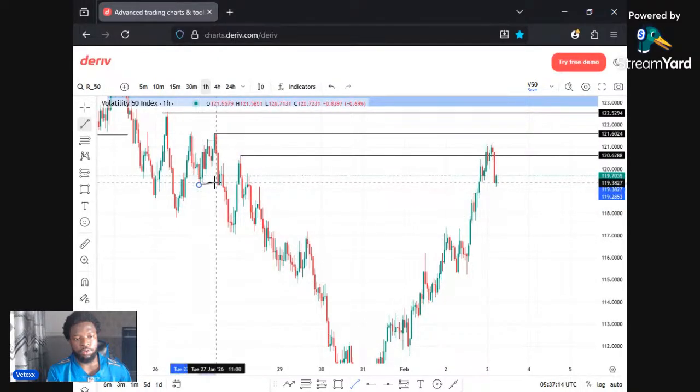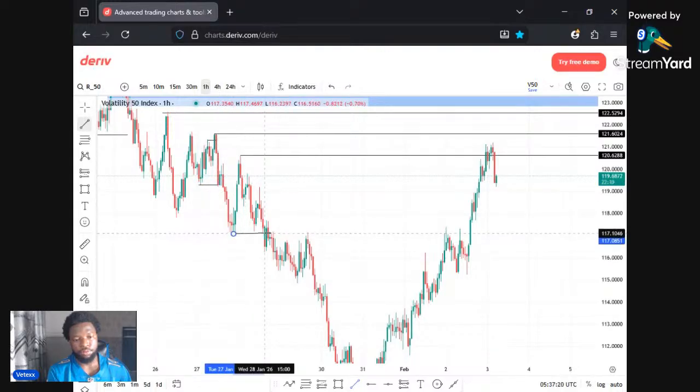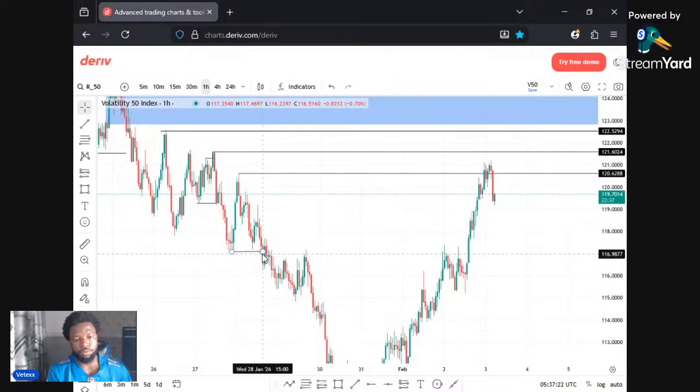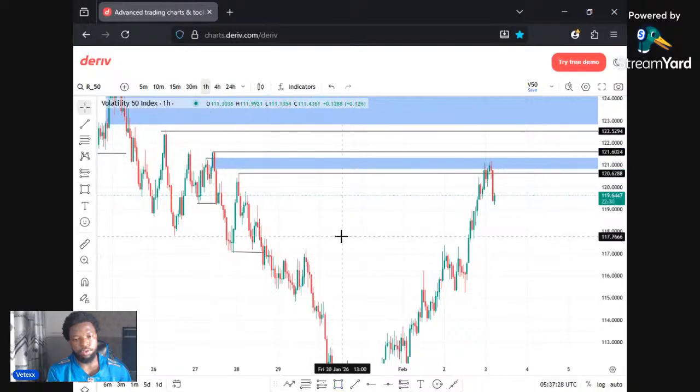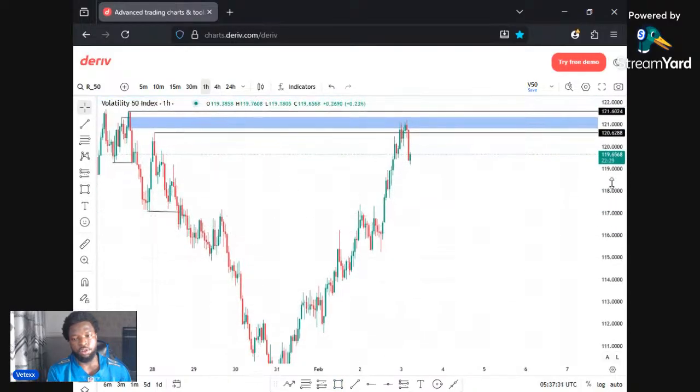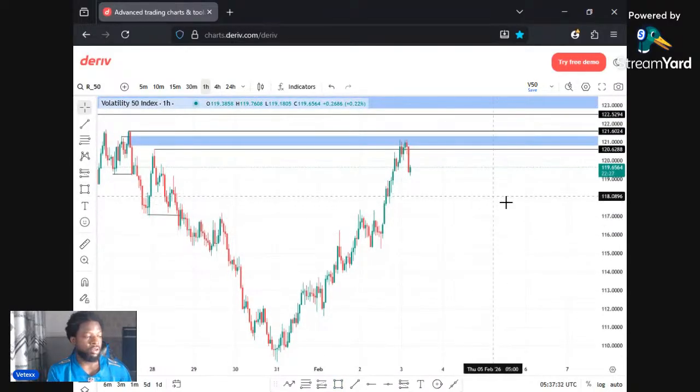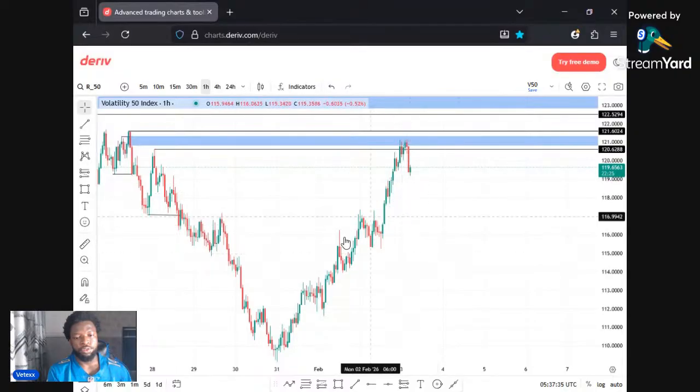First break of structure, second break. This is our point of interest. So you see price has already tapped into this point of interest. And what we do next is start looking for continuation to the opposite direction.